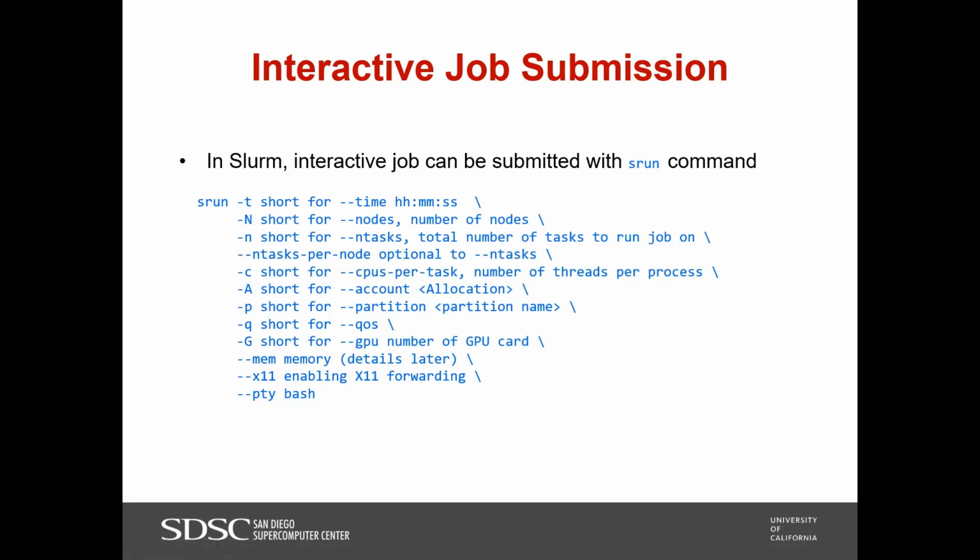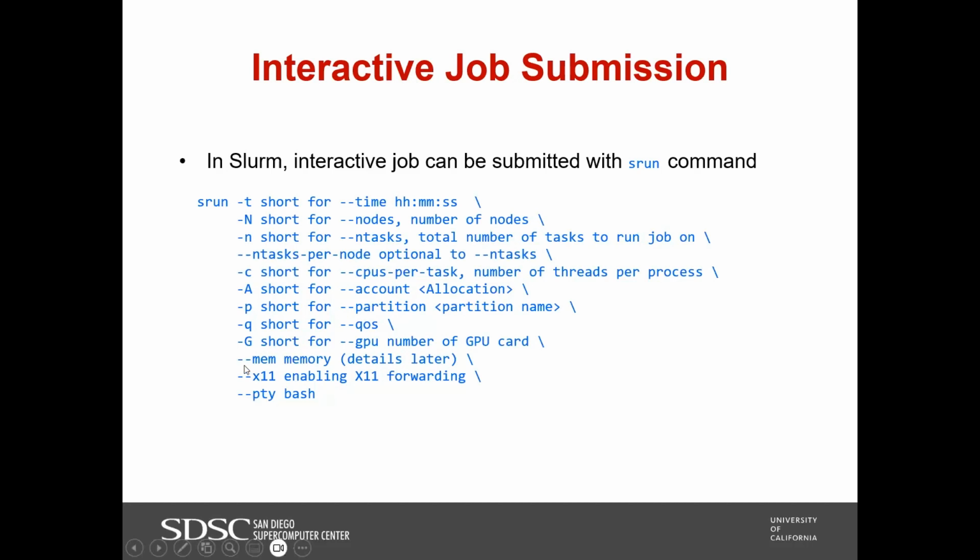That's also fine. And -A is for the account, the allocation name you want to use. And -p is short for the partition, -q is for QoS, and -G is short for GPU, the number of GPU cards you wish to use.